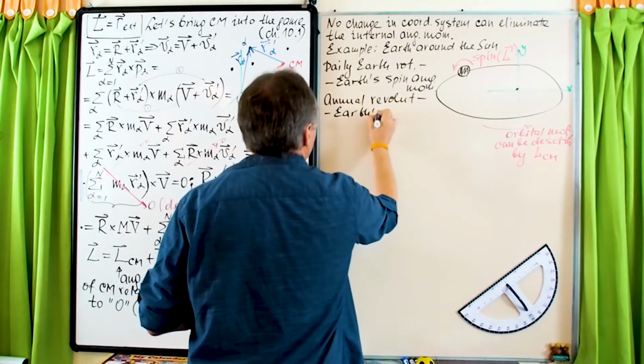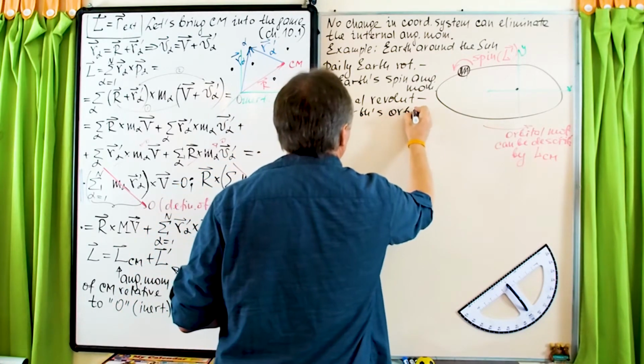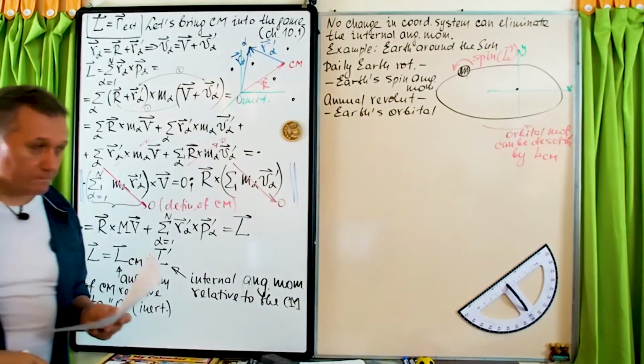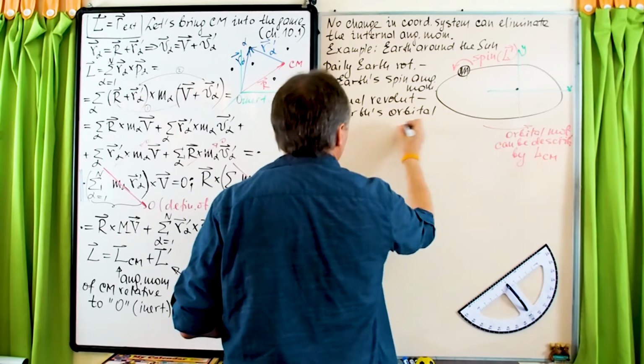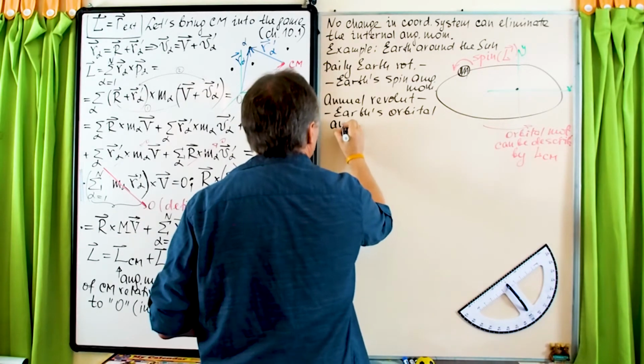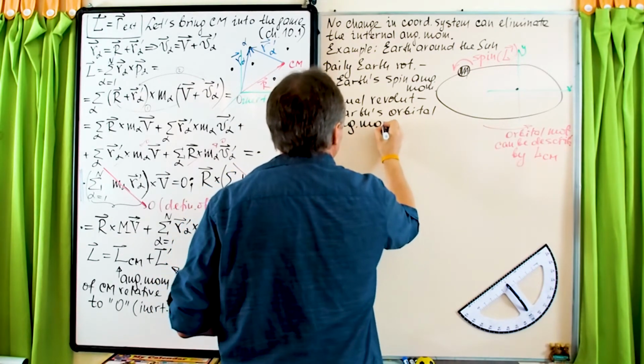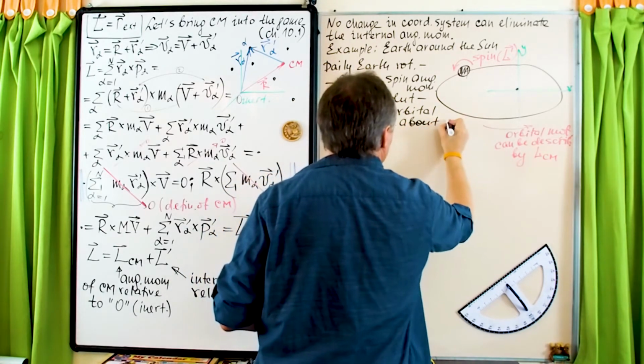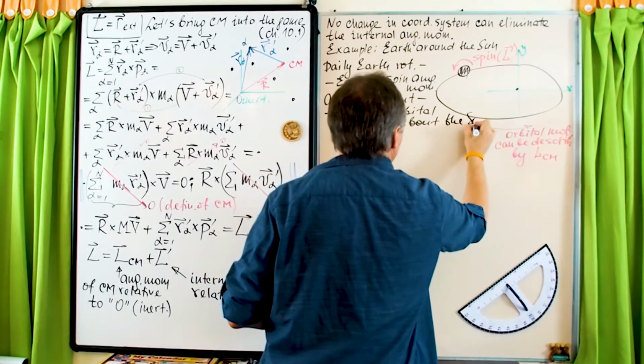Earth orbital angular momentum about the Sun, of course. Orbital angular momentum, of course, about the Sun, because that's where we position the inertial reference frame.